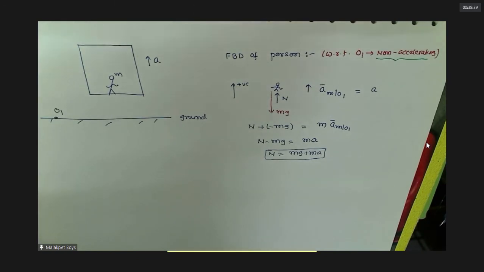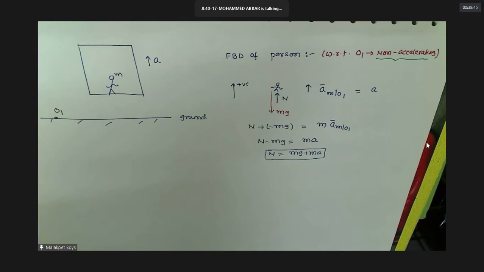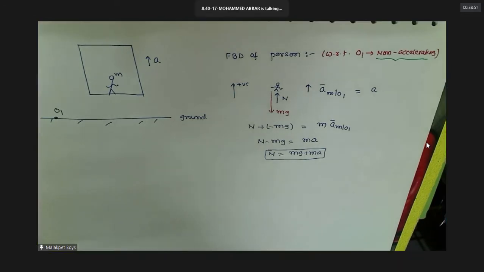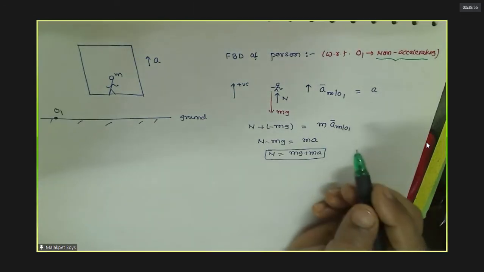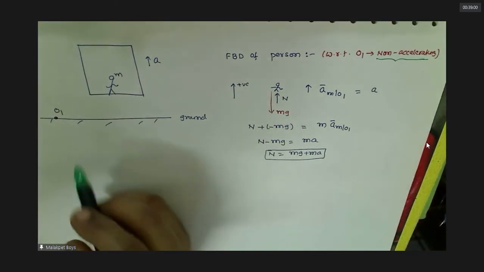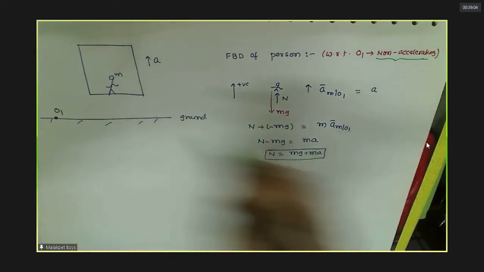Understood this? Sir, that is force into acceleration, right? That first step, mass into acceleration, sir. Not mass, force is into acceleration. Acceleration is zero for that particle O1. This is what you are talking about when mass M is with respect to O1.